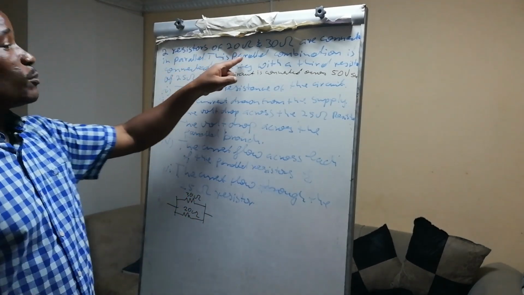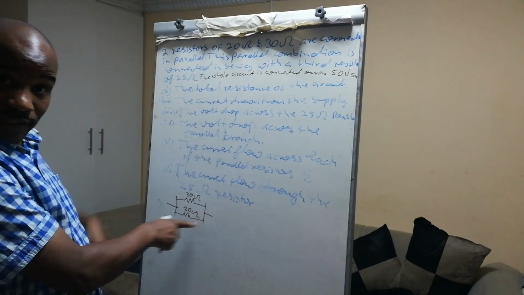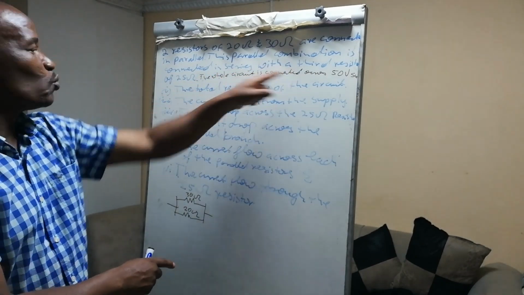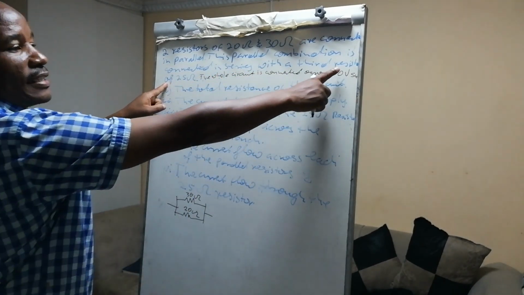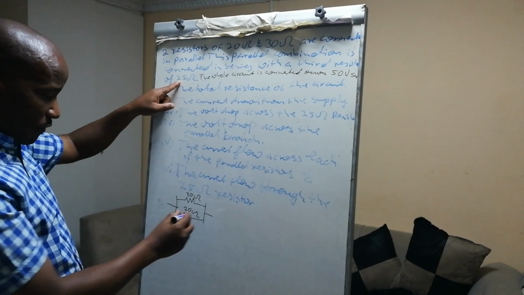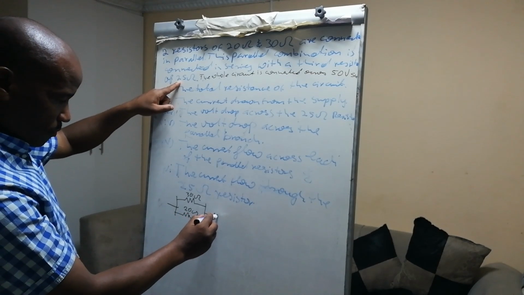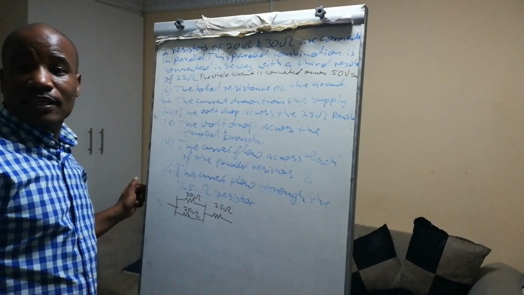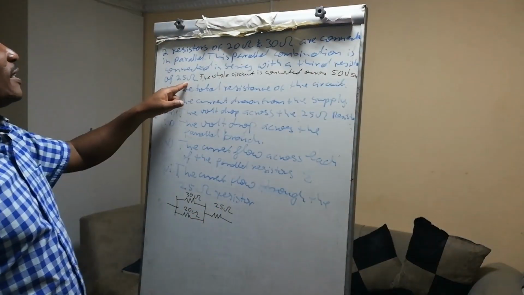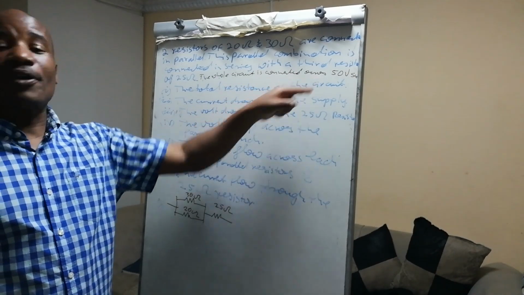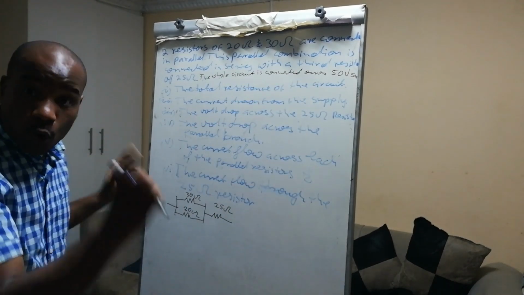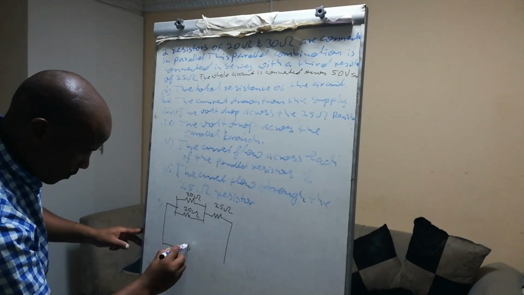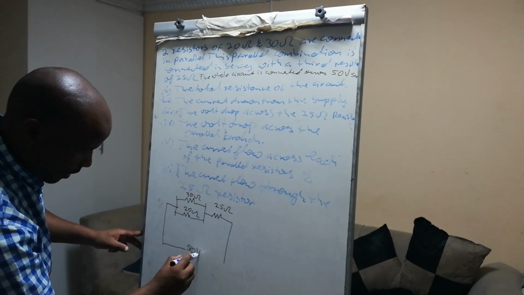Now, this parallel combination is then connected in series with a third resistor of 25 ohm. And then they say the whole circuit is connected across the 50 volt supply.